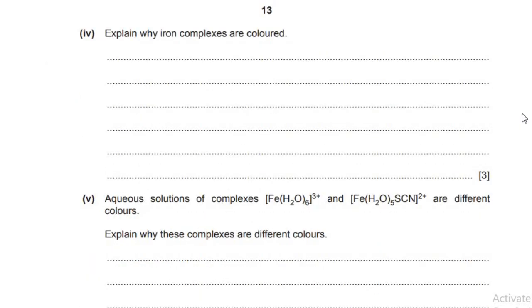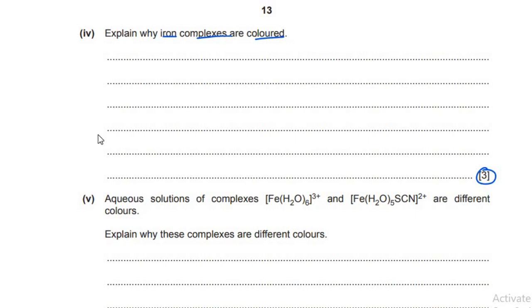Here it says, explain why ion complexes are colored, and it carries 3 marks. Now this is a fixed question asked in many of the question papers. Whether it's an ion complex or all the transition metal complexes that are colored, the explanation goes the same.